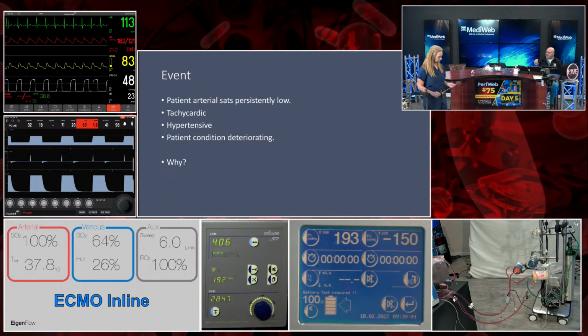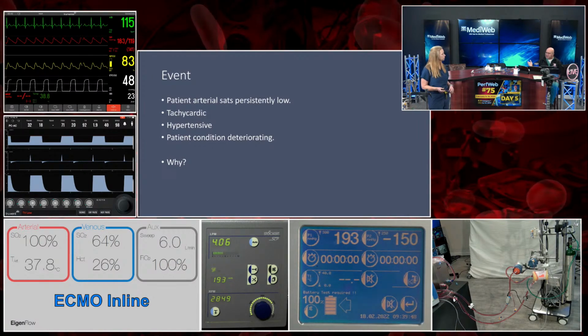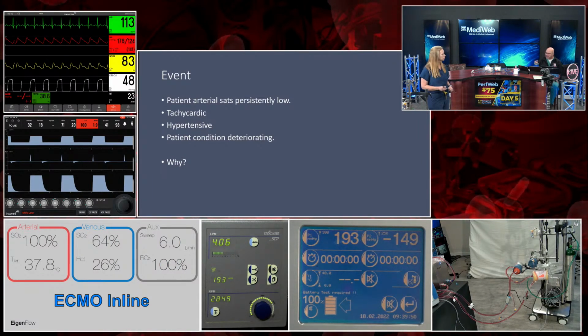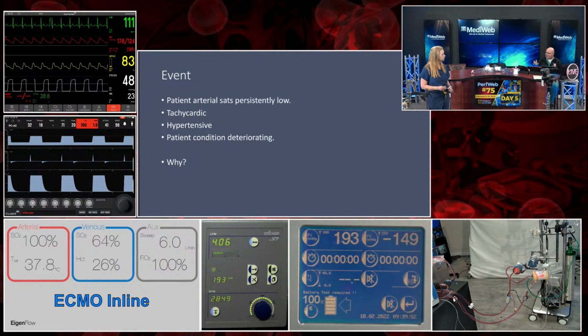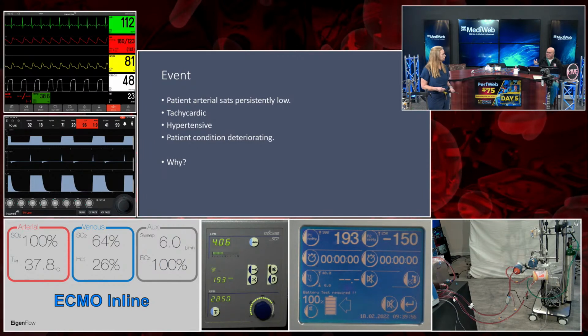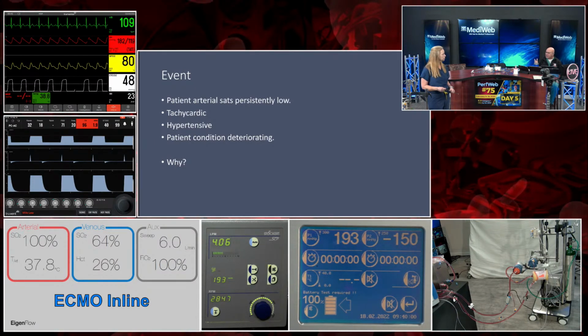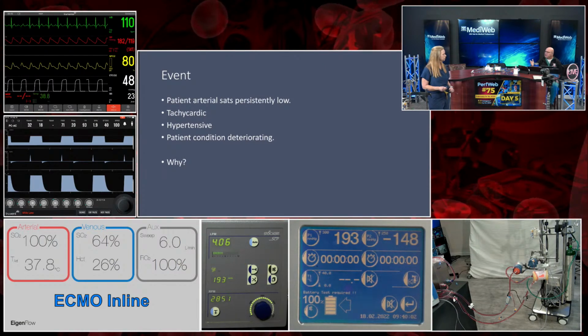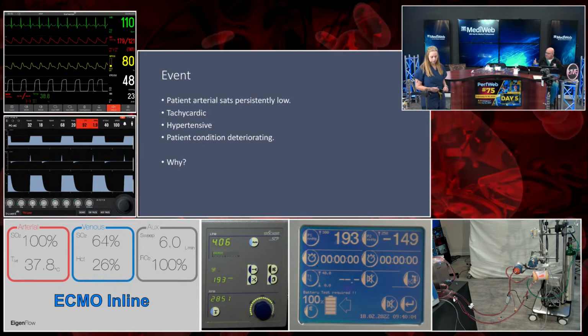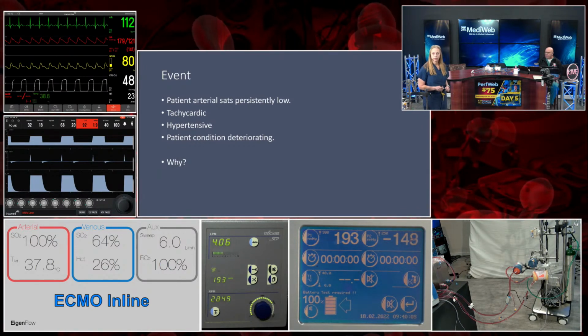If you have a lactate level of 3 on high volume CRRT, given that lactate is cleared with a clearance ratio of 1, which is very high, your lactate is much higher. You're masking a problem. So you have to take that into consideration.